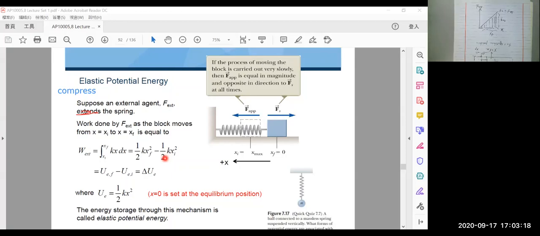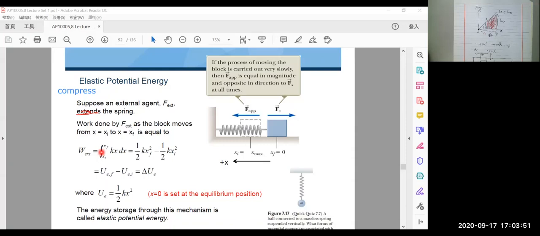If your spring starts from 0, then the total elastic potential energy would be from the 0 point up to the final point. But if you are starting from the middle, xi, you are just considering the energy change in between, in this region.